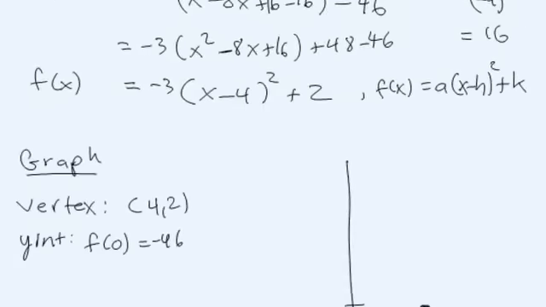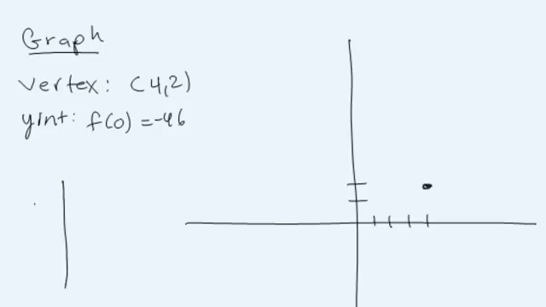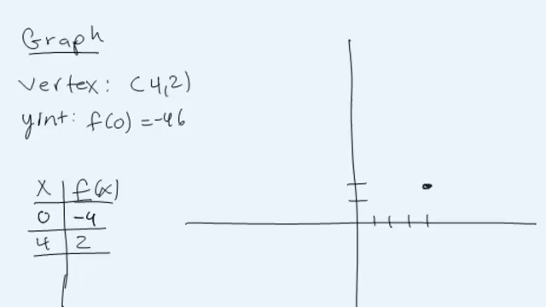Now, keep this in mind. Remember what we did in class. Here's my table. I really only need 3 points. I have my vertex, which is 4, 2, and the y-intercept, which is 0, negative 46. Another thing we can use is the axis of symmetry.